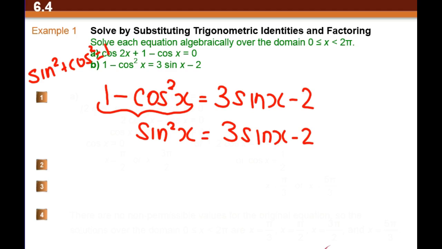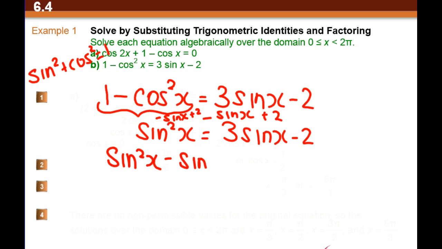Okay, so if we get everybody on one side, so let's move everybody over to this side. So we will have sine squared x minus 3 sine x plus 2 equals 0. Here we go. There's a 3. Okay, so if we can't look past the sines, it might be confusing. What if for a moment here we thought of the sines as just like x squareds or something?